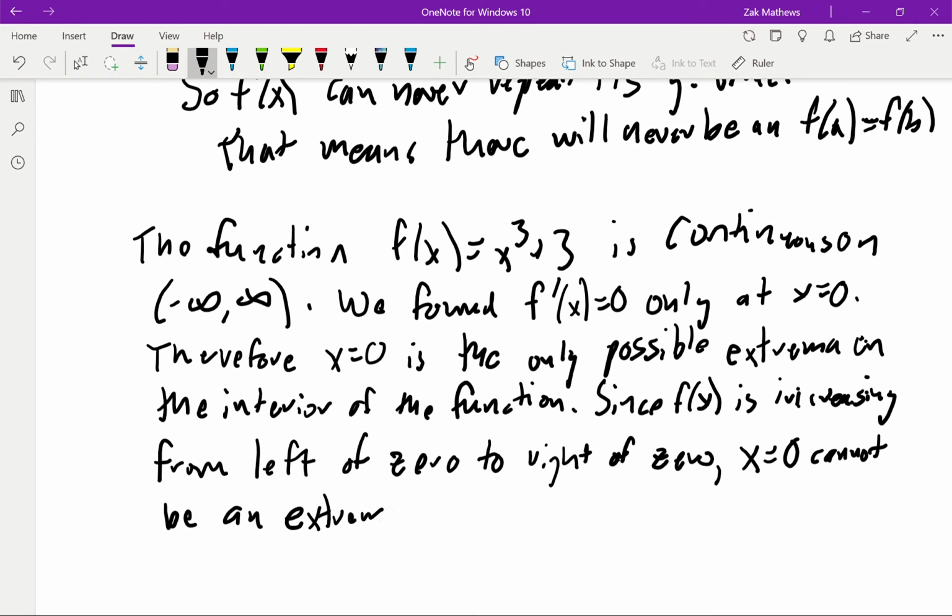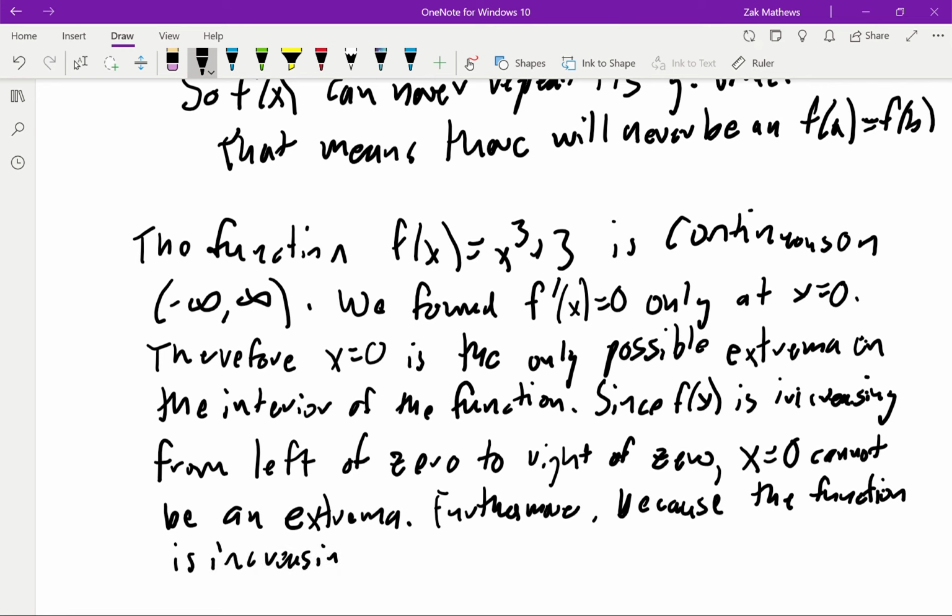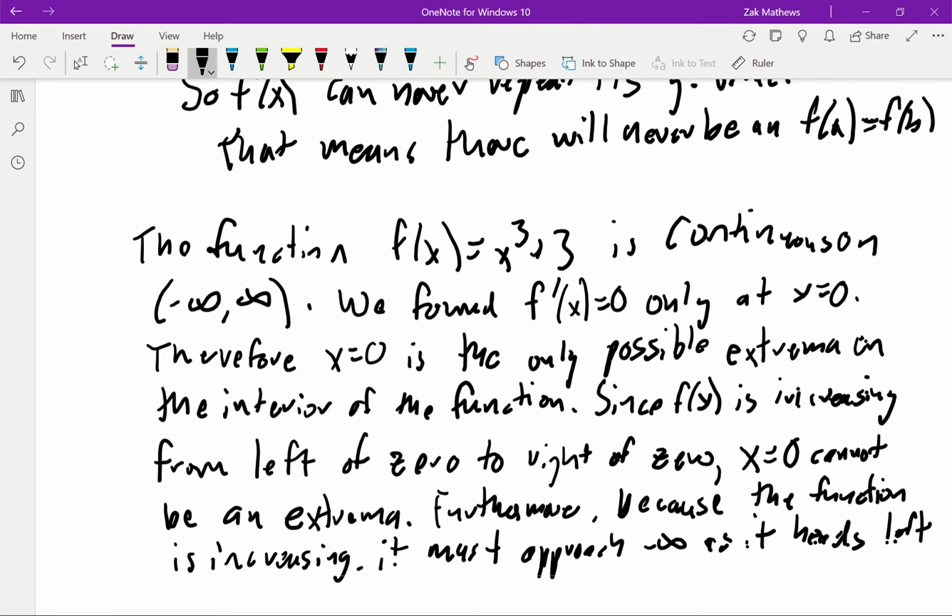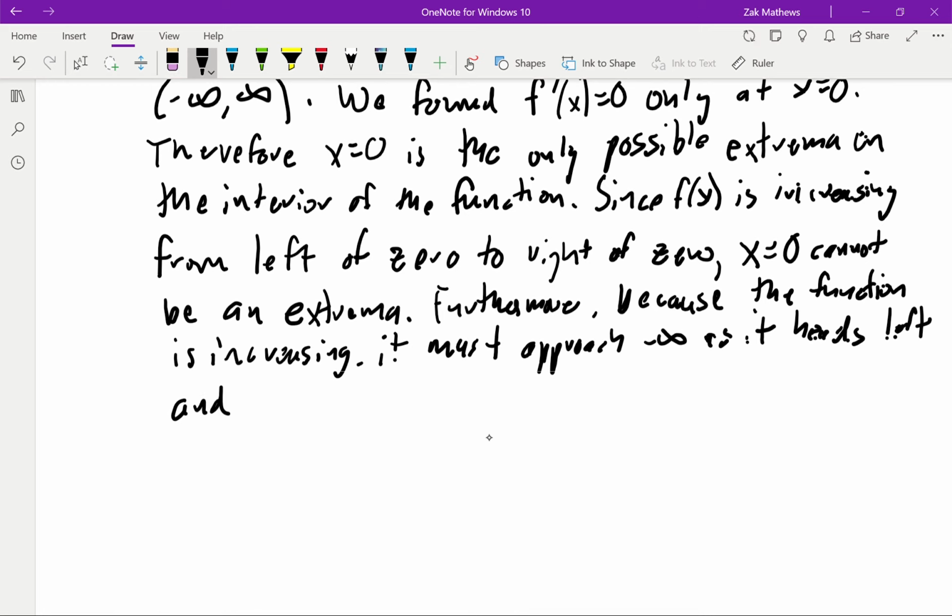Furthermore, because the function is increasing, it must approach negative infinity as it heads left, and positive infinity as it heads right.